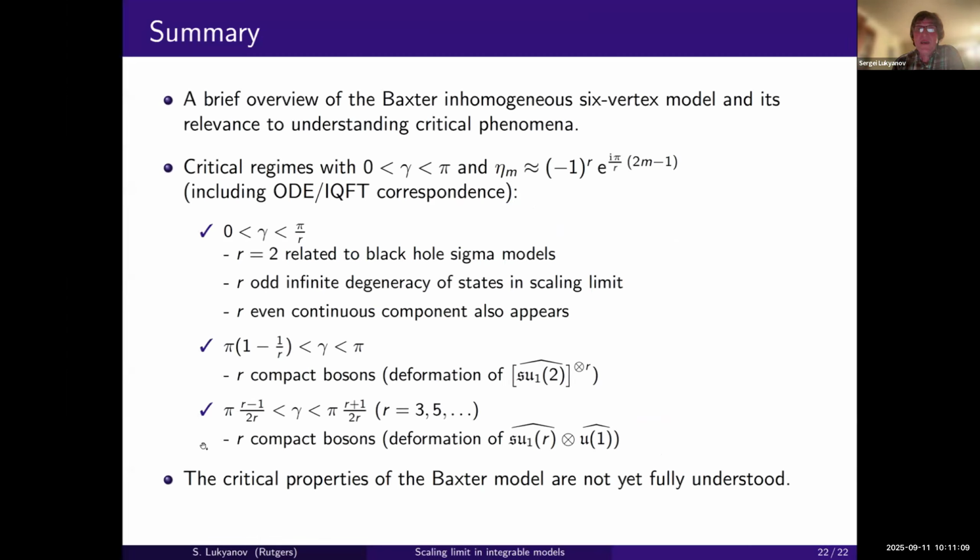But the critical properties of the Baxter model are not fully understood. It still seems to me a rather interesting question, from the physical point of view and from the formal mathematical point of view of differential equations and all this business with the ODE/QFT correspondence. Okay, thank you very much.